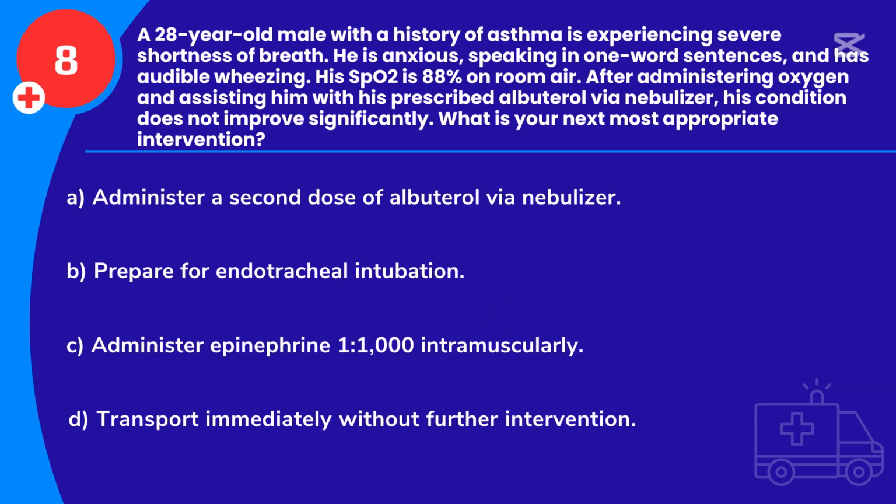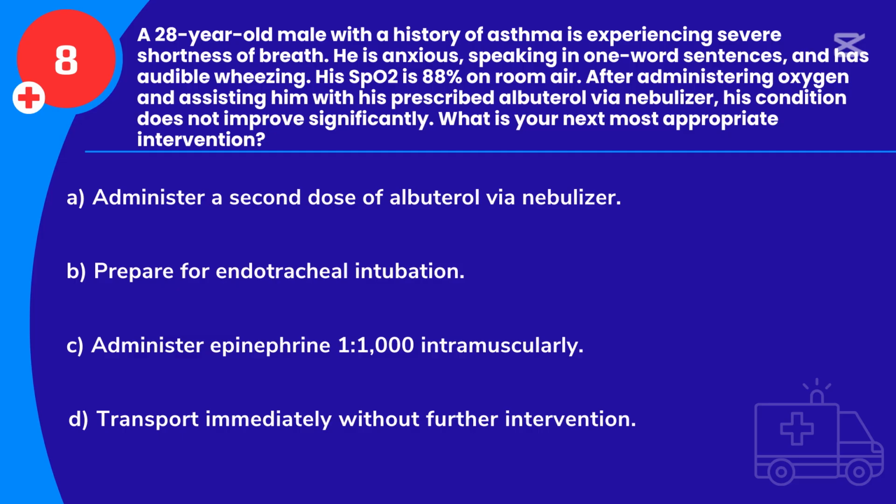Question 8. A 28-year-old male with a history of asthma is experiencing severe shortness of breath. He is anxious, speaking in one-word sentences, and has audible wheezing. His SpO2 is 88% on room air. After administering oxygen and assisting him with his prescribed albuterol via nebulizer, his condition does not improve significantly.